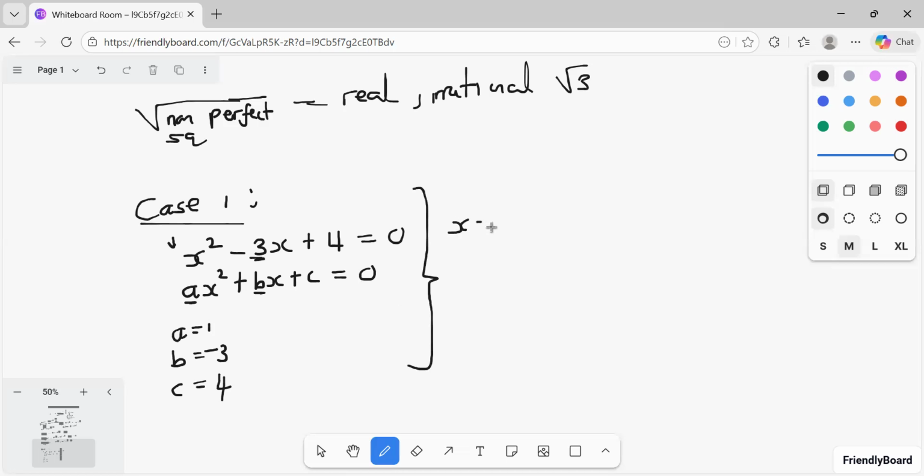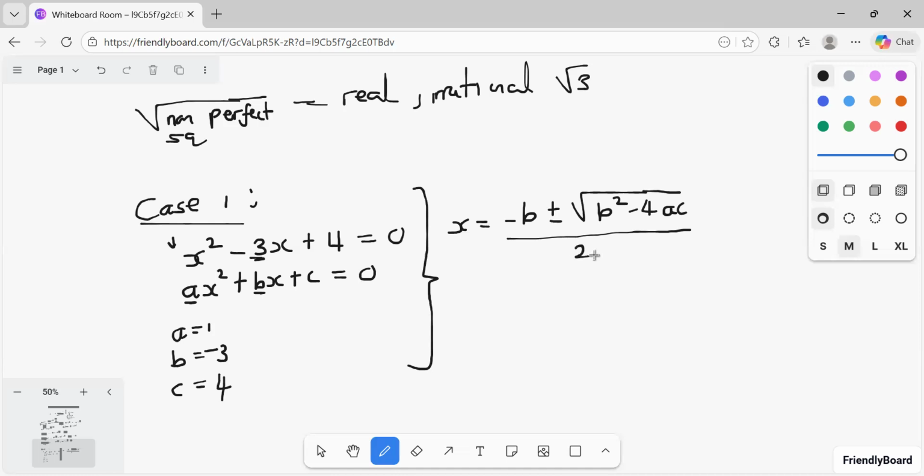You have to know this by head. x is equal to minus b plus or minus square root of delta, which is b squared minus 4ac. Remember that b squared minus 4ac is what we call delta, then over 2a.